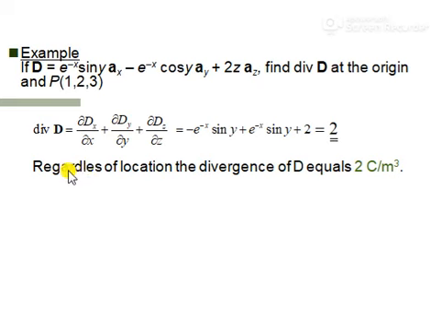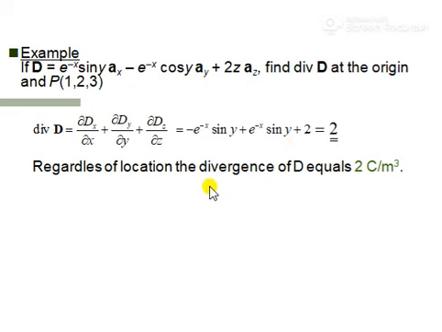The divergence of D, as it is Cartesian, is ∂Dx/∂x + ∂Dy/∂y + ∂Dz/∂z. So this is equal to minus e^(-x) sin y plus e^(-x) sin y plus 2.